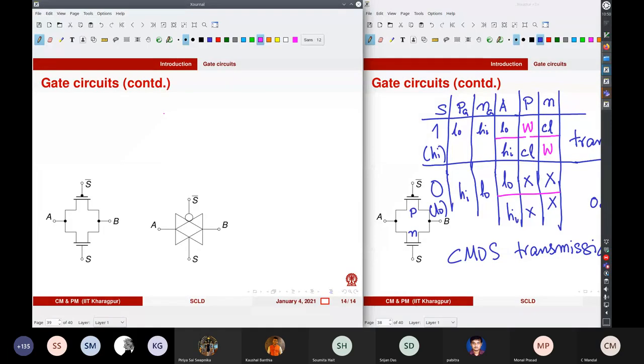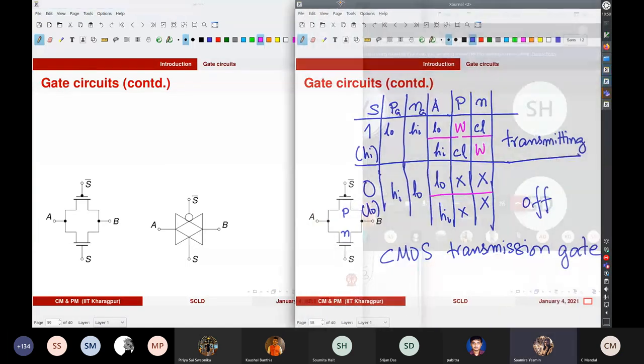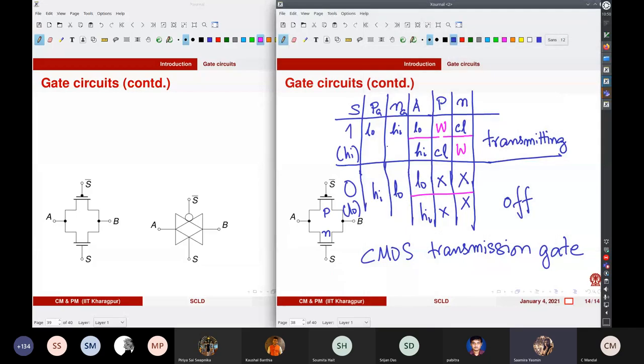Can you explain the weak channel thing again for the S high case? Can you please explain the case where S is high and that weak channel is formed for P? See, weak channel is just that this is of no interest, really. So these are the cases of interest.